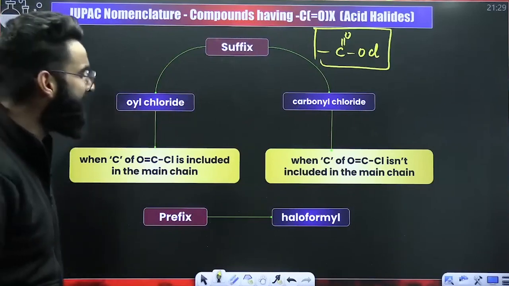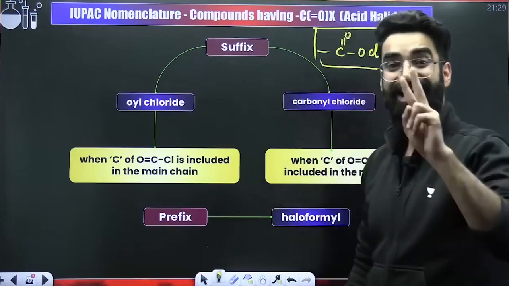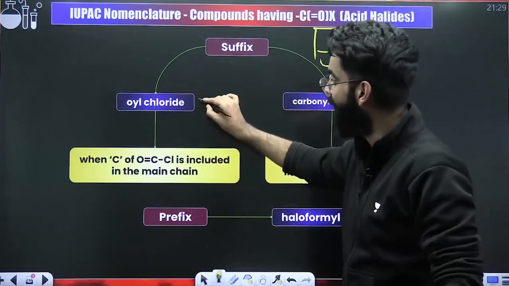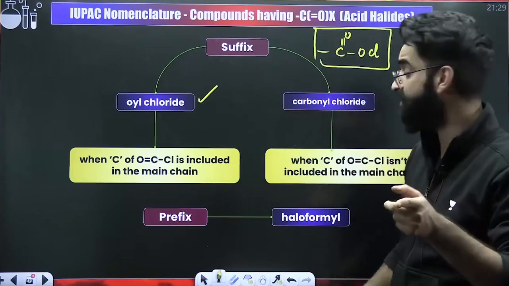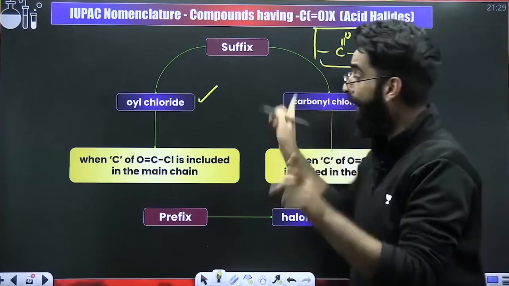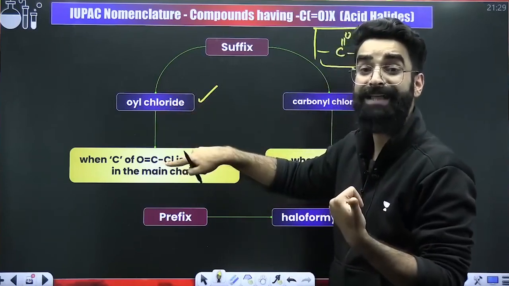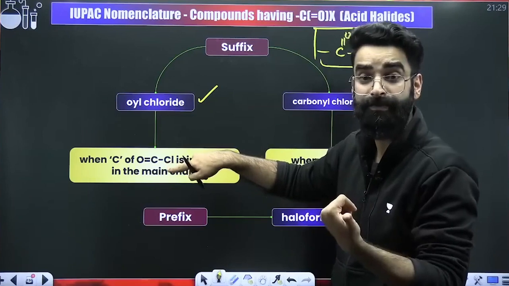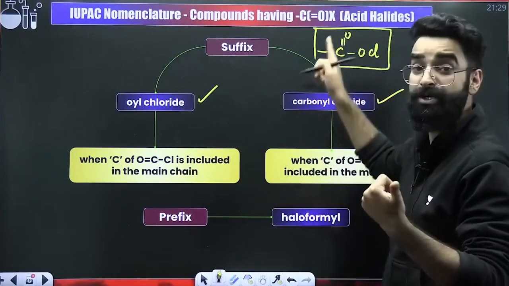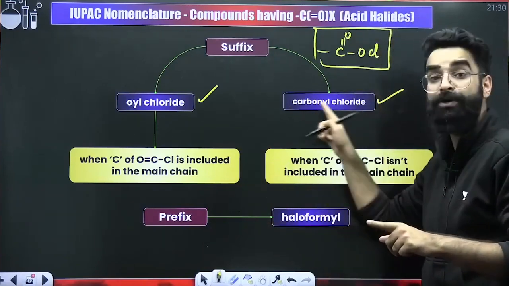Now, my dear students, in acid chlorides, what do we need to do? As a suffix, 2 things you have to remember. Either you'll be using oyl chloride as a suffix, or you'll be using carbonyl chloride. Oyl chloride as a suffix when the carbon of the acid chloride is part of the main chain, and when the carbon of the acid chloride is not part of the main chain, at that time the suffix is carbonyl chloride.